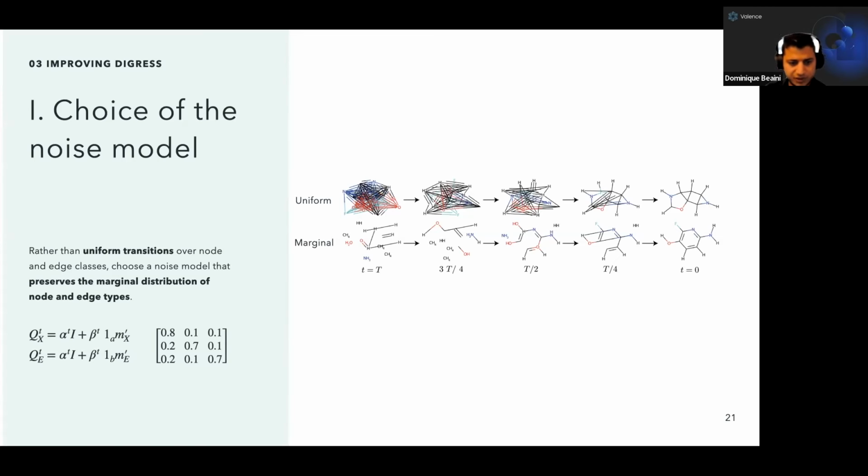For example, if we consider a community graph where you have a large community here and another large community here, and they are connected only by one bond, then destroying this simple bond will change the graph a lot.